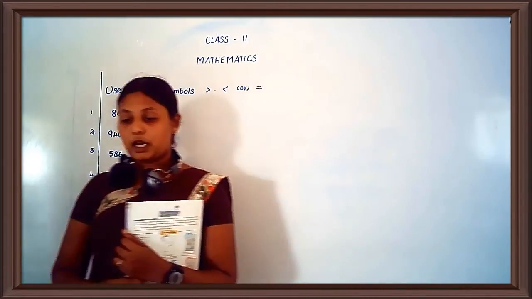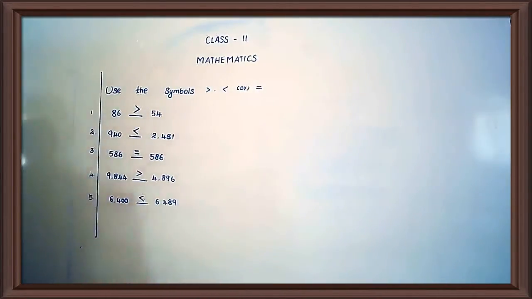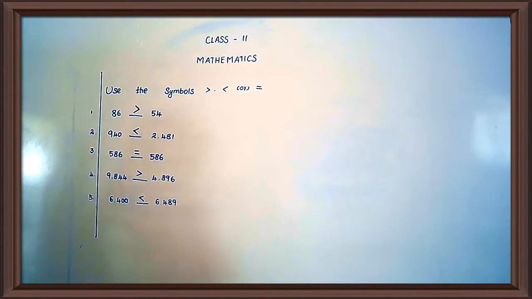Now take your classwork notebook. Take a new page and write this. Use the symbols greater than, less than or equal to. The first one, 86 is greater than 54. The second one, 940 is less than 2481. Third one, 586 is equal to 586.